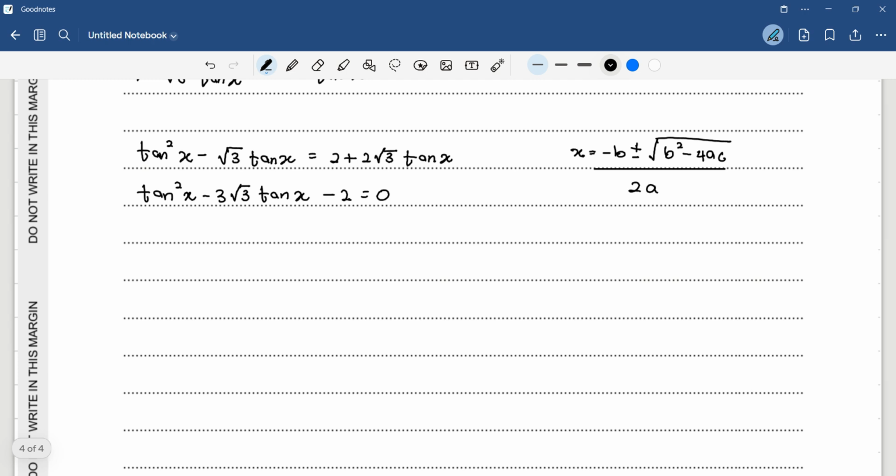So over here my a is 1, b is negative 3 sqrt 3, and c is negative 2. Therefore you can rewrite tan x as equivalent to negative b, so 3 sqrt 3, plus minus the square root of b square, negative 3 sqrt 3 squared, minus 4ac, divided with 2a.